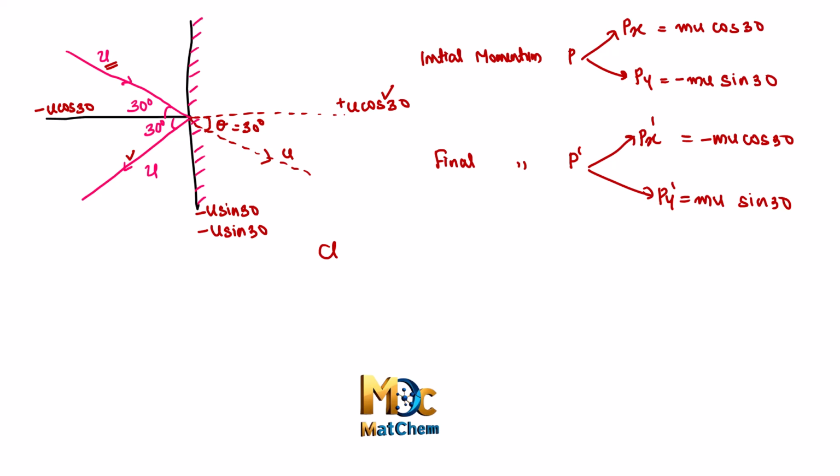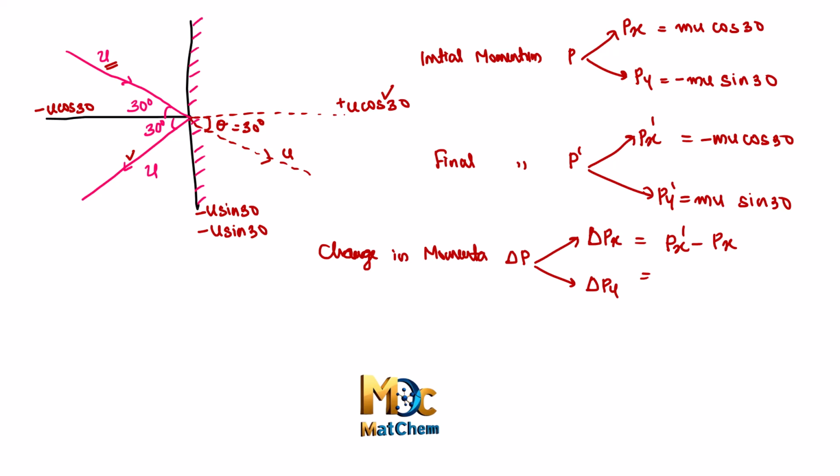That means if you take the change in momentum, delta P, it can be resolved into two components, delta Px as well as delta Py. Delta Px will be equal to Px dash minus Px.